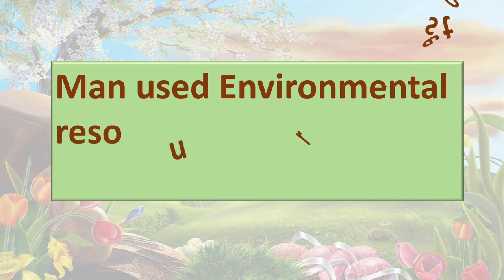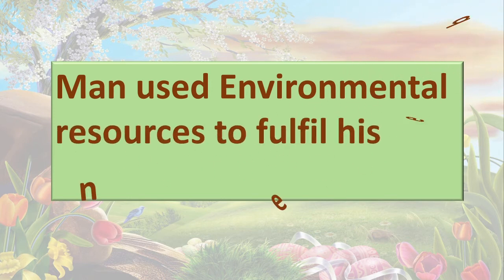See this, man used environmental resources to fulfill his needs. Yes, just now we went through that man made progress in transportation, in communication, in housing, etc. But what all did he use to make the progress in all these fields?